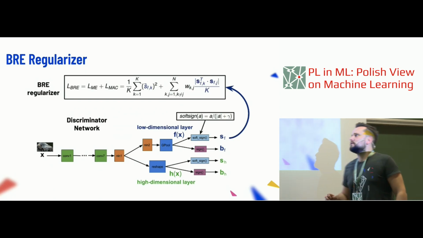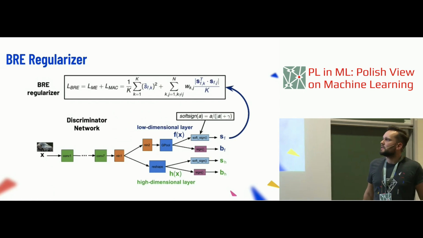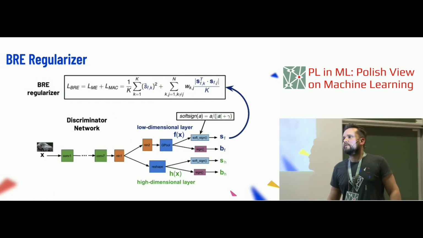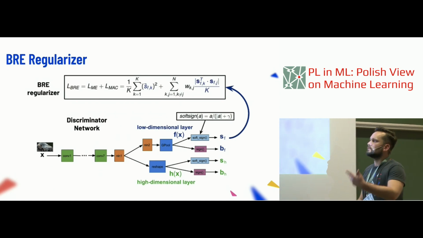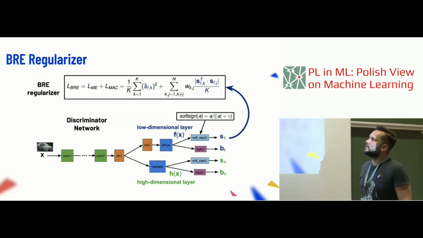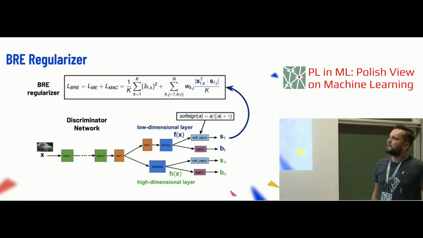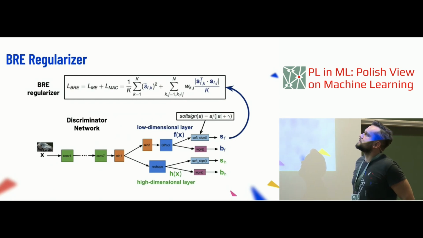And the low-dimensional layer is then used as a coding space. And we, of course, make an approximation of the traditional sign function that would be used for coding by using the soft sign activation function. And our BRE regularizer is composed of two terms.